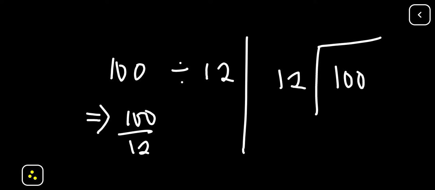Now, what number of times can 12 go into 100? You may have to start looking at your multiplication table, okay? 12 times 1 is 12, 12 times 2 is 24, 12 times 3 is 36, 12 times 4 is 48, 12 times 5 is 60, 12 times 6 is 72, 12 times 7 is 84, 12 times 8 is 96, 12 times 9 is 108, and 108 is bigger than 100.